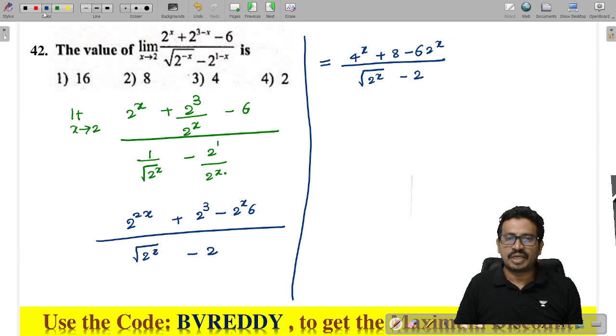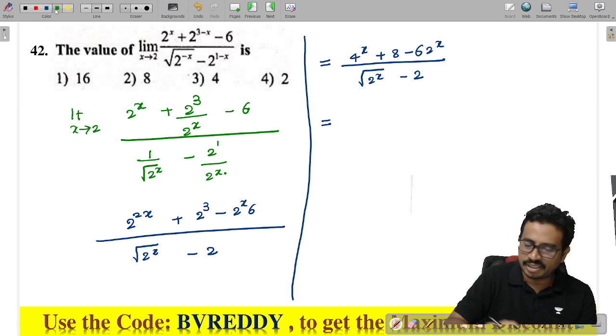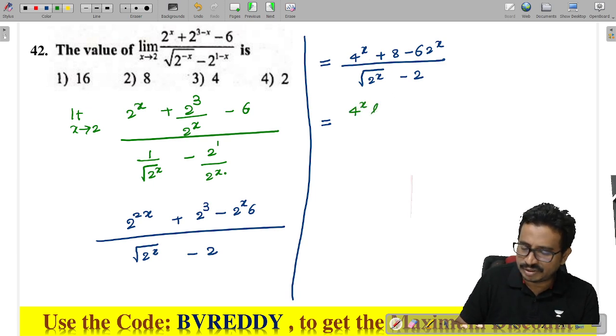So can I go for L'Hospital's rule? We'll go for L'H rule now. Tell me what we'll get. Derivative of 4 power x is 4 power x into log 4, plus derivative of 8 is 0, minus 6 into 2 power x into log 2.